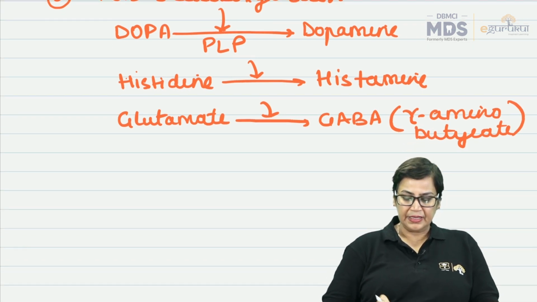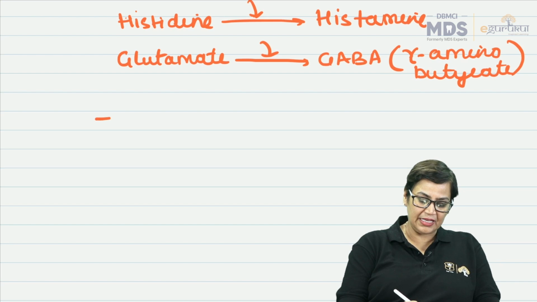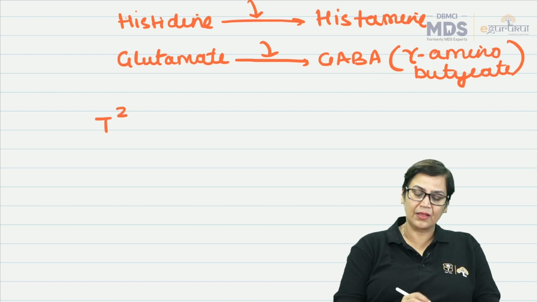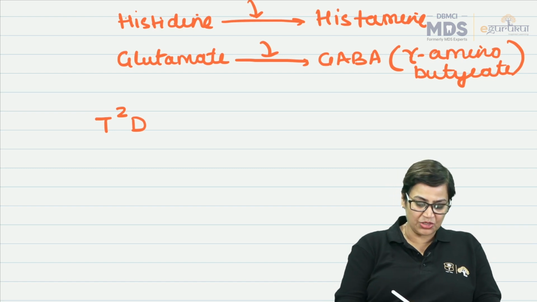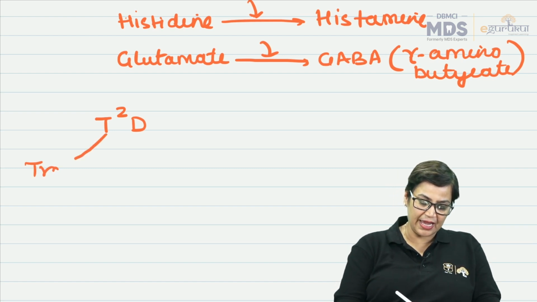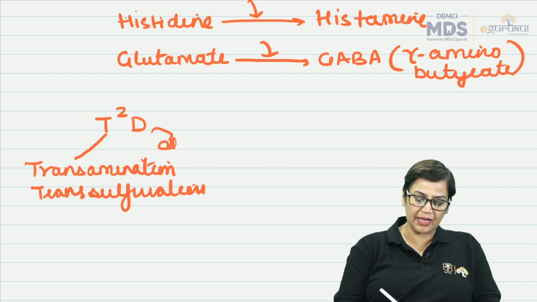So these are some of them. If you have to remember, T square D: T square means transamination and transsulfuration, and D stands for decarboxylation.